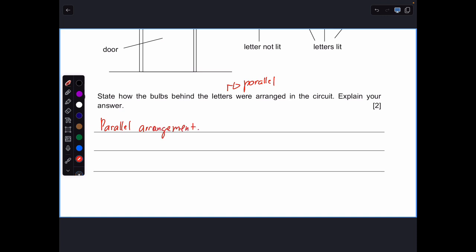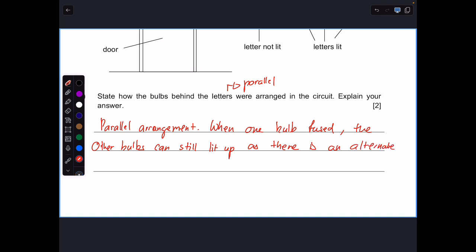The second part, when one bulb fused, the other bulbs can still light up as there is an alternate path for electricity to flow.